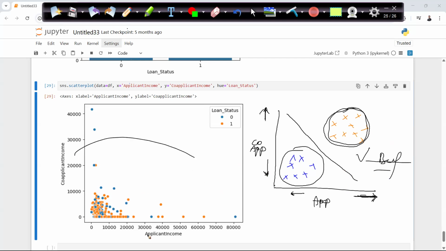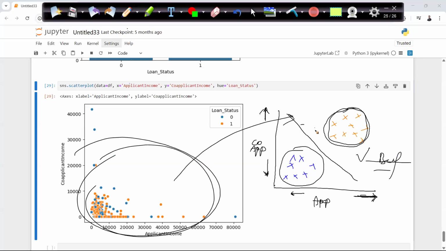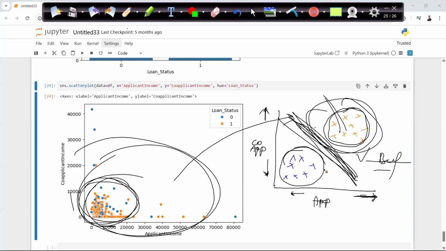But am I getting something like this, all of you? Am I getting this chart like this? The answer is no, right? Here all are cluttered. They have the low applicant, co-applicant, and all are in blues and oranges, right? I cannot have a clear-cut segregation. Here I have a clear-cut segregation, that all the ones above are getting the loan and all the ones below are not getting the loan. But here I cannot see that type of segregation.